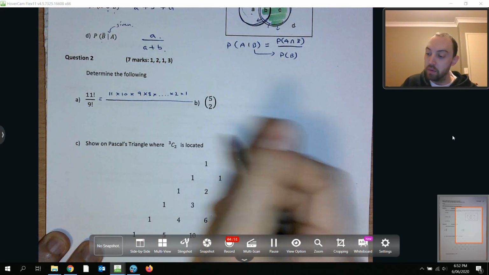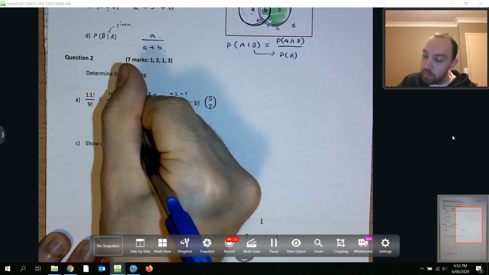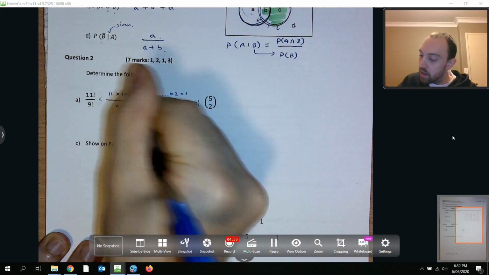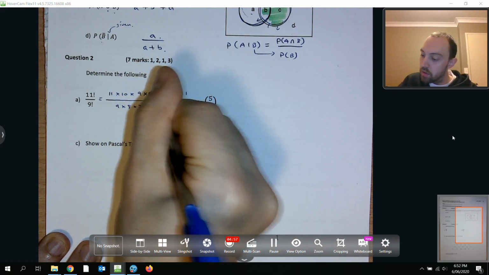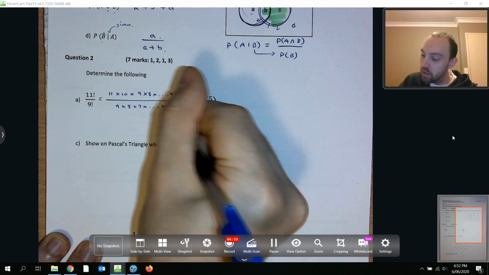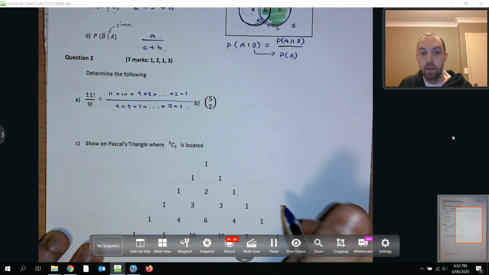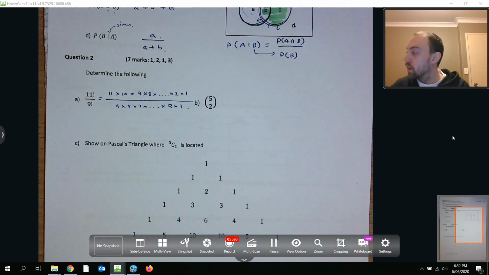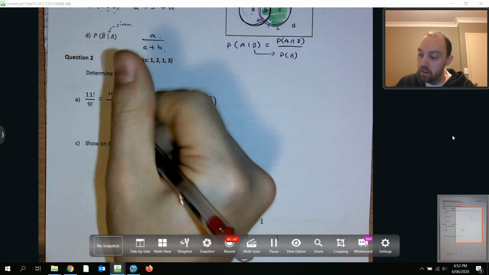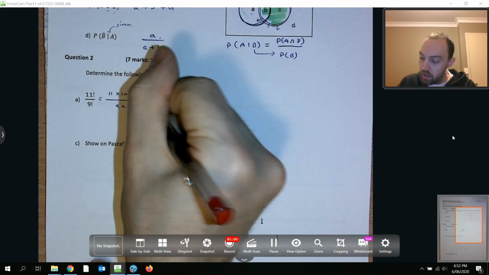I've just skipped out that middle bit because it is bothersome to write the whole thing, but we can recognize the pattern with the first part. And then the bottom part's going to be 9 times 8 times 7 times so on and so forth until we get to times 2 times 1.